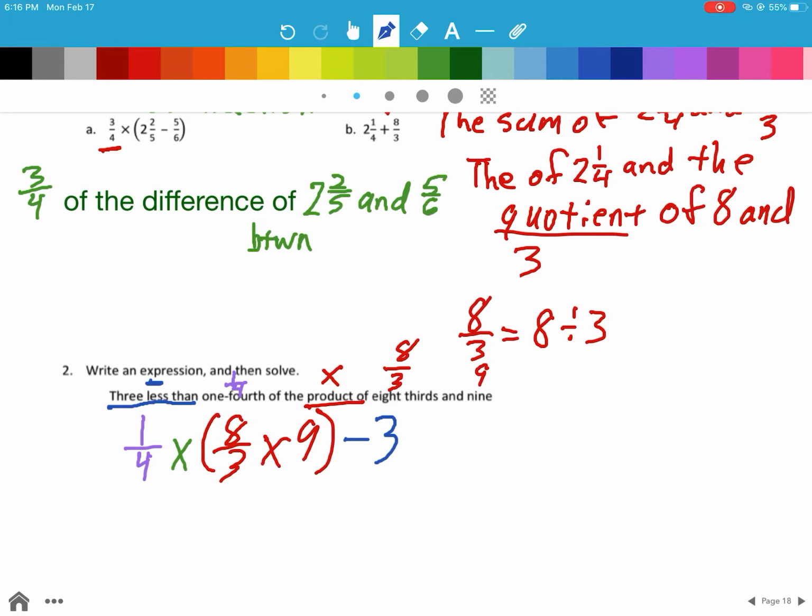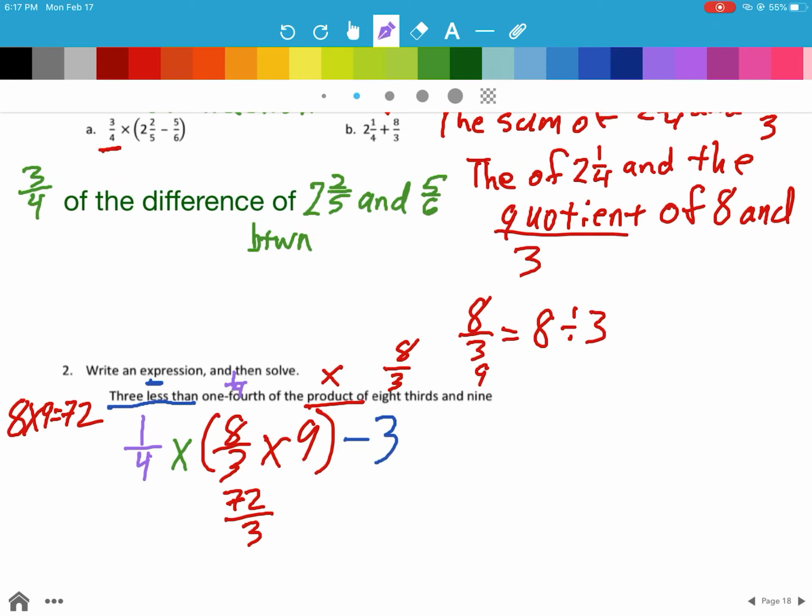All right, you want to subtract from the product of 8/3 and 9. And you want to have 1/4 of that product. All right, so first we're going to do the 8/3 times 9. So that's going to be 72 over 3. Now you might be saying, how did I get the 72? Well, that's 8 times 9 equals 72.